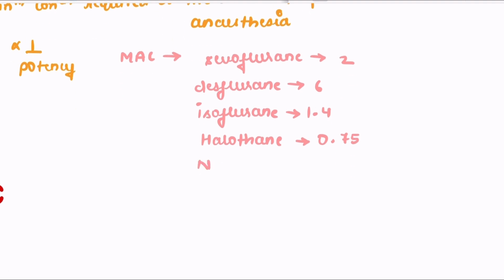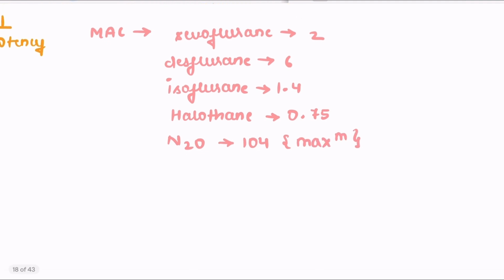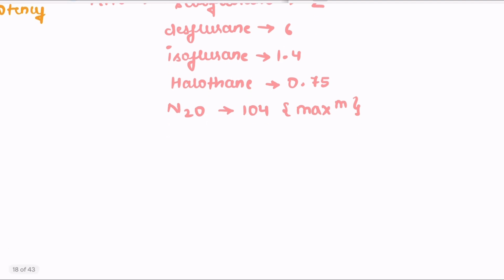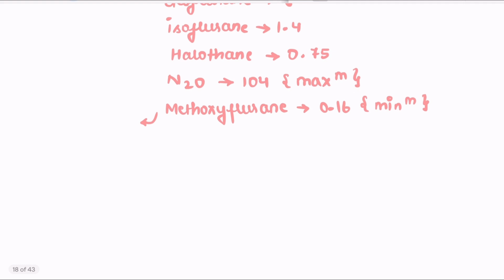For nitrous oxide, the MAC is 104. It is the maximum MAC of inhalational agent. Therefore, the least potent inhalational agent is nitrous oxide. The MAC of methoxyflurane is 0.16, which is minimum. Therefore, it is the most potent anesthetic agent, but we do not use it because it is nephrotoxic.